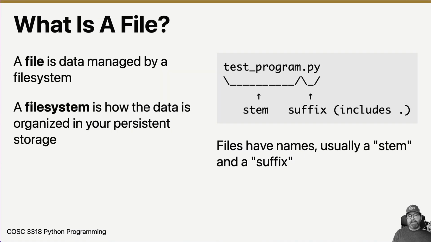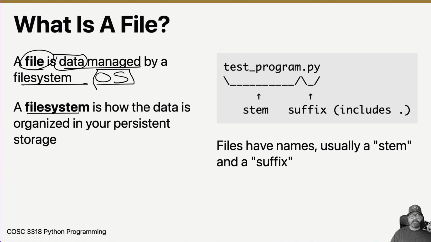So let's talk about files, even though you probably understand what they are, like on your computer. Let's take a little bit of a deep dive here. A file is just data managed by a file system. And the file system is owned by the operating system. So your operating system determines what kind of organization the data has on the drive, on your persistent storage.